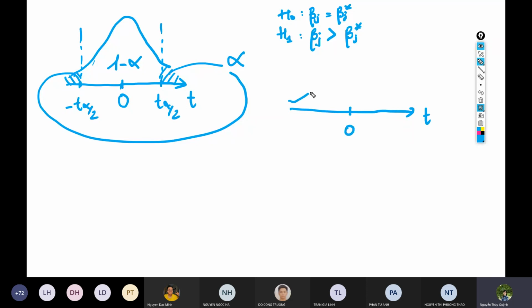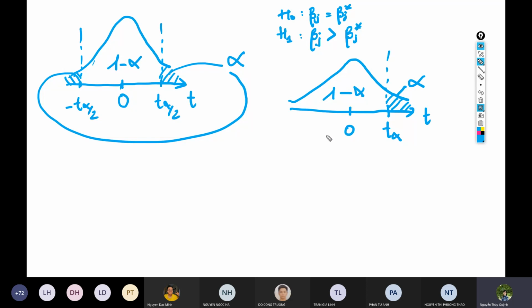For this one, you have to construct a confidence interval. So the region of acceptance here will be from minus infinity to t alpha, with an area of 1 minus alpha. And this one, with the area of alpha, is the region of rejection.